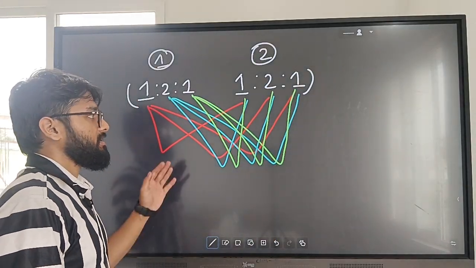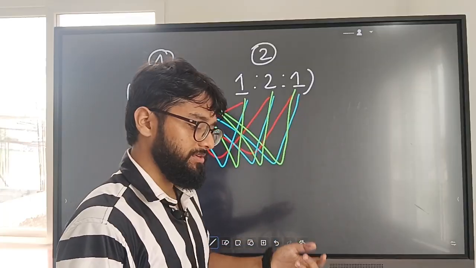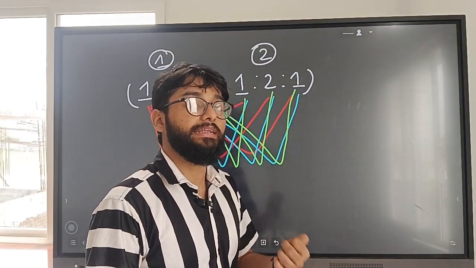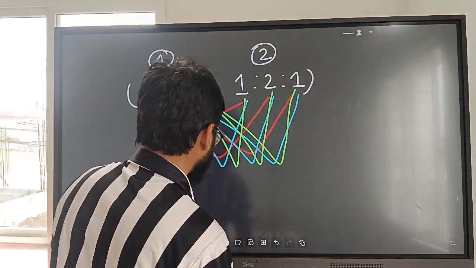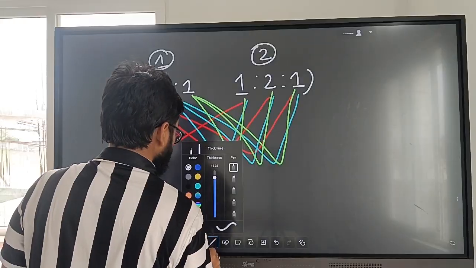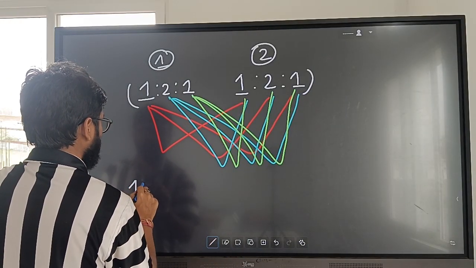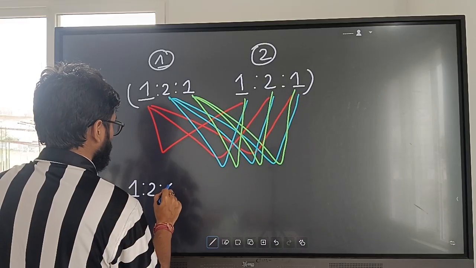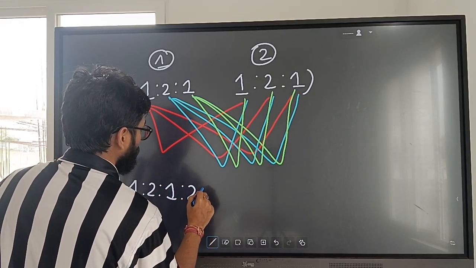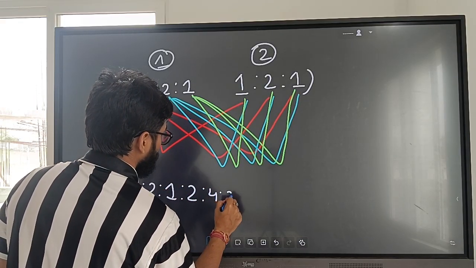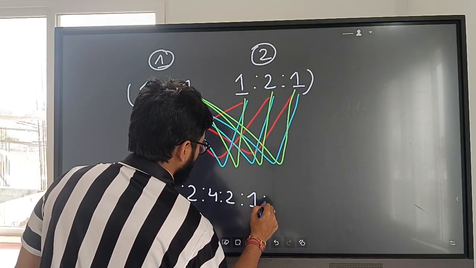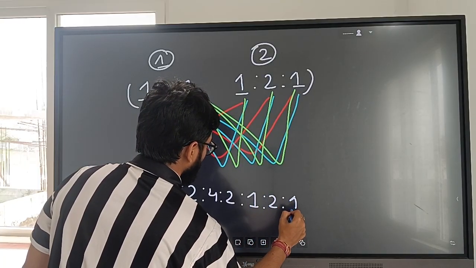This is how we can calculate the genotypic ratio of a dihybrid. That is simply 1, 2, 1, 2, 4, 2, 1, 2, 1.